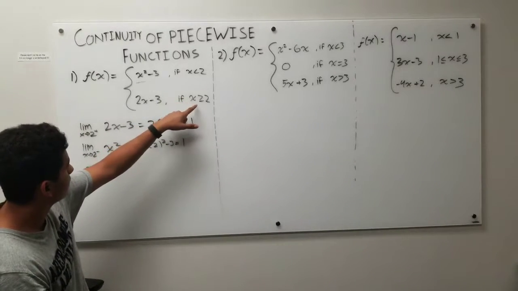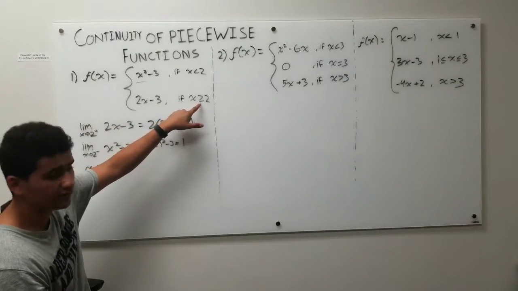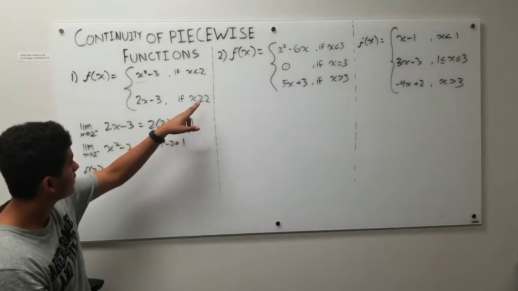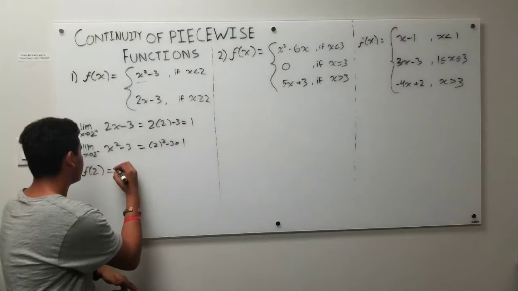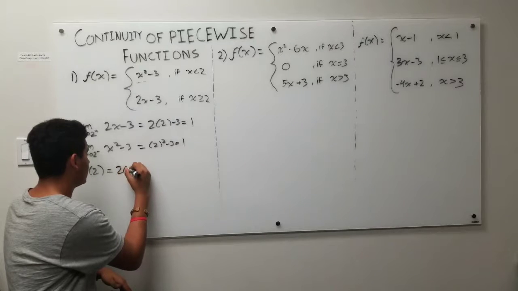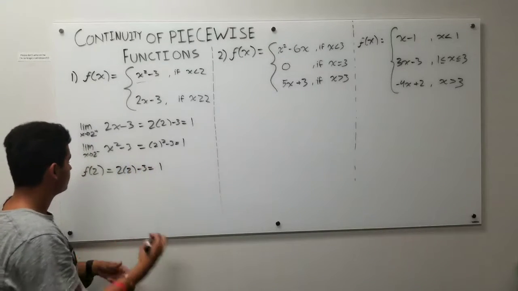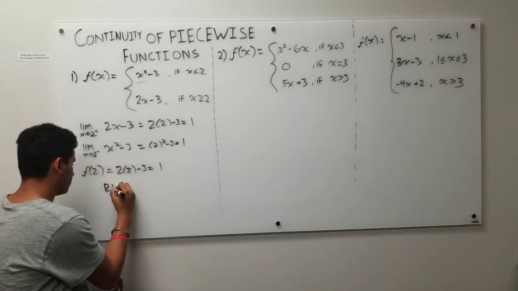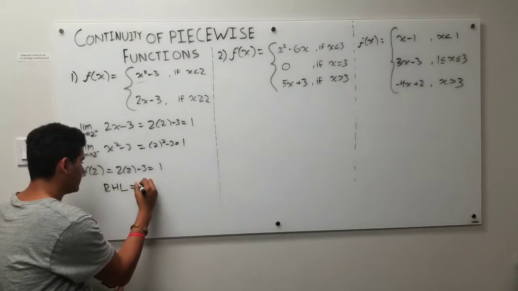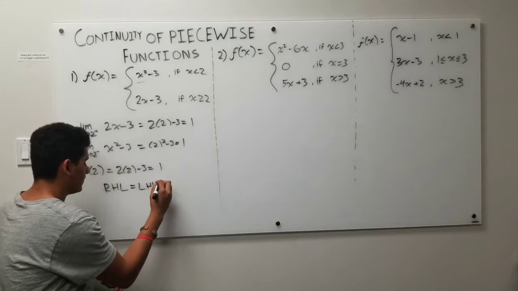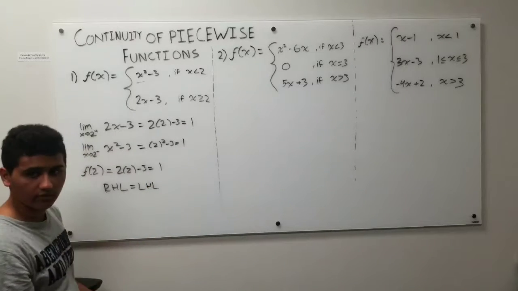So in this case, if we want the value to equal to 2, we're going to use the second function over here because its x is greater than or equal to 2. So then you're going to plug in the value for that, 2 times 2 minus 3, which is equal to 1. So in this case, the right-handed limit is equal to the left-handed limit, and it's also equal to the actual value at the point.